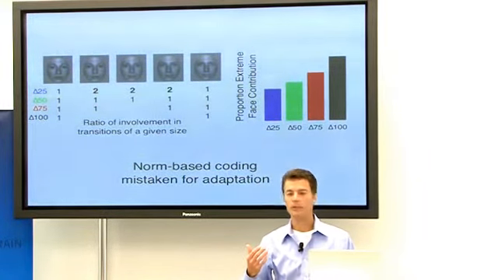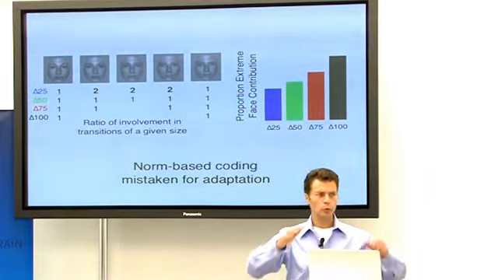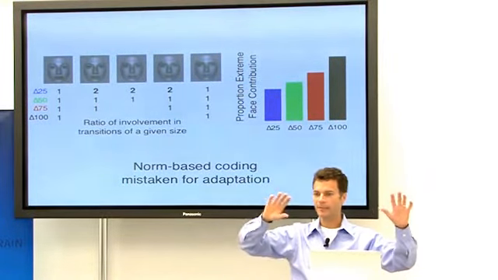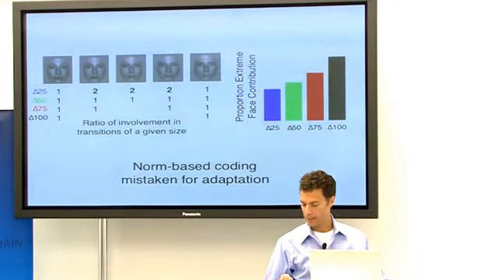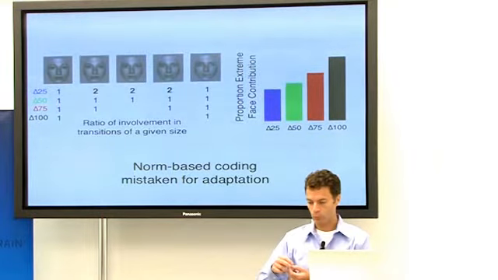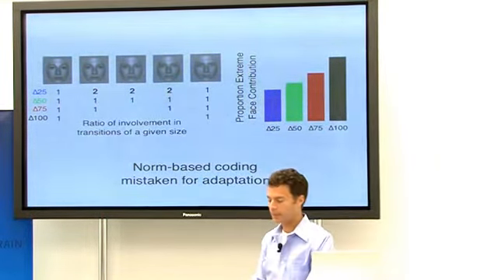So the question is, hey, in norm-based coding, isn't the model that you walk around with a lifetime's representation of the stimuli, and so you must have a perfect absolute representation of where the center of the space is, and so now let's consider our stimuli with respect to that. That's right.